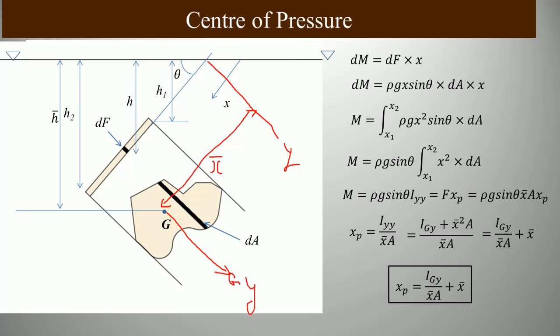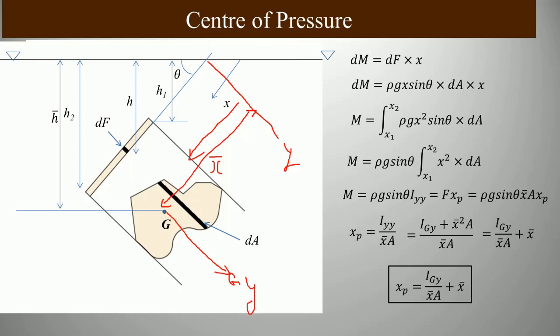This is very important. To see that, we see here xp is x bar plus something. So there is an addition here. That means the xp distance is along this direction.